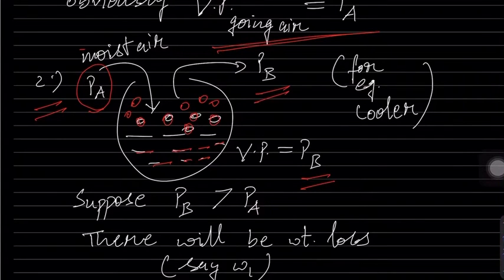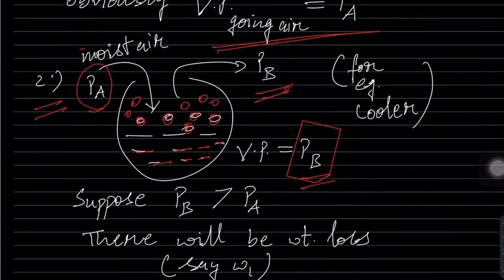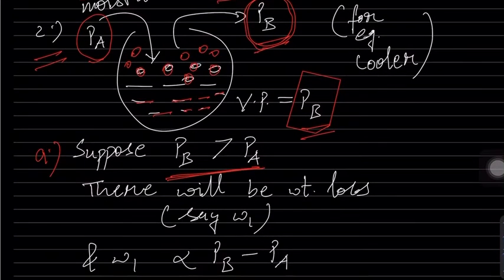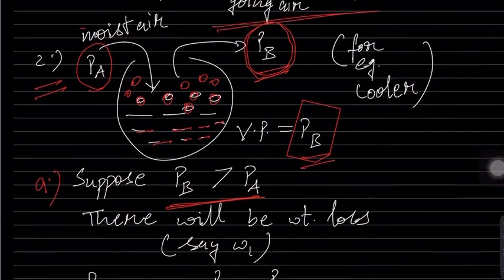It came with PA and entered in a solution maintaining PB vapor pressure, so obviously it has to go out with the same vapor pressure. Keep it in mind, okay? PB. So we have two possibilities, either PB greater than PA or PB less than PA. So let us say possibility number one, PB greater than PA. It means what?